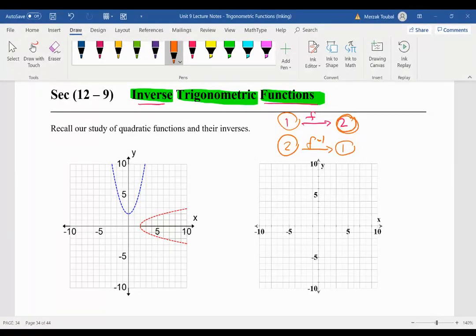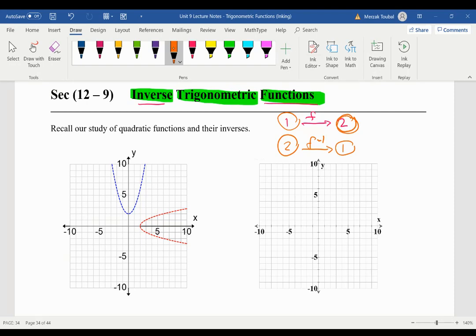So if we look back at the quadratic functions and their inverses, let's look at the function here on this figure. As you see, the blue curve. Now the inverse of this curve in blue would be the curve in red.